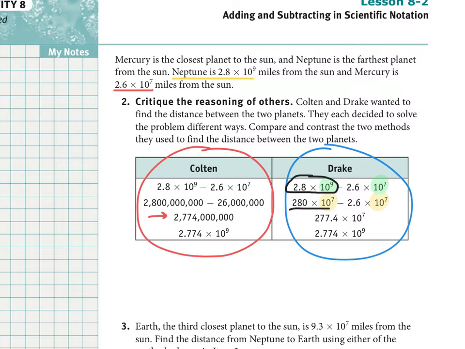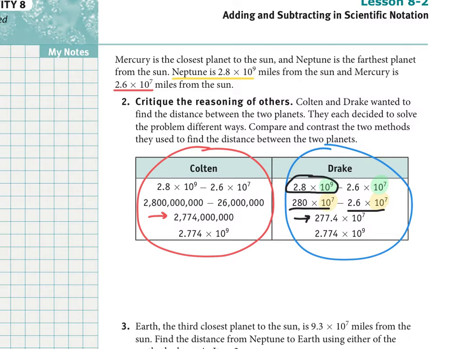So he was able to do that, and then since the other value was times 10 to the seventh, you can just subtract the 280 minus 2.6, and keep the 10 to the seventh. But then he noticed that was not scientific notation either, because it's 277.4.